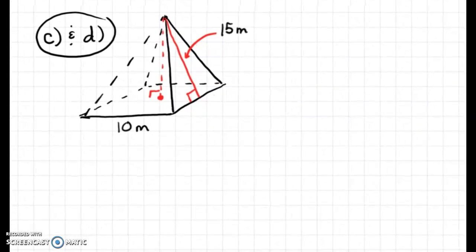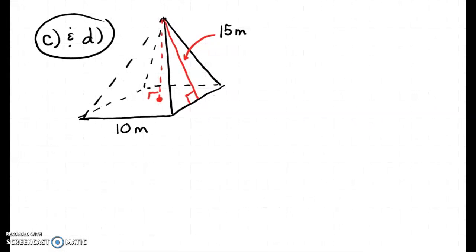Now, how do you do the volume of a pyramid if you're given the slant height instead? This is very similar to problems C and D on your worksheet. So when I work through this problem, you can work through C and D with this problem. All right, so how are we going to do this? Because we need the height of our pyramid.